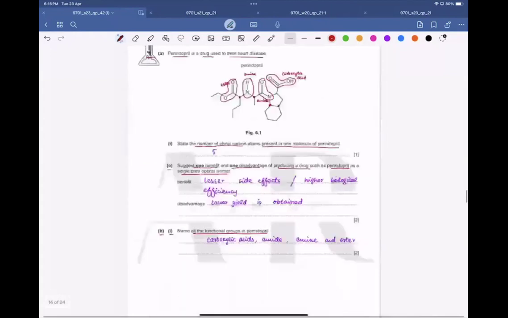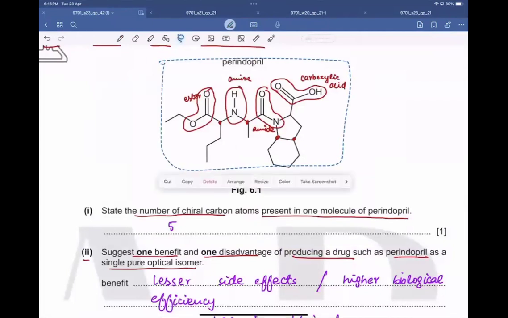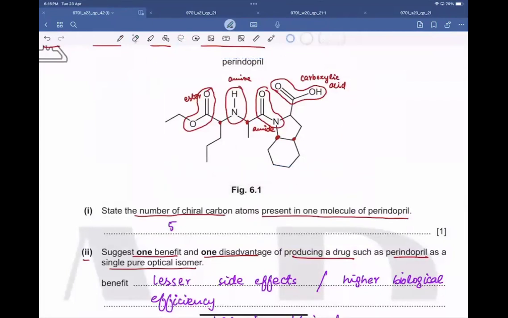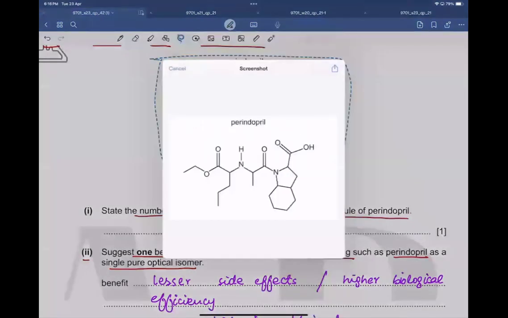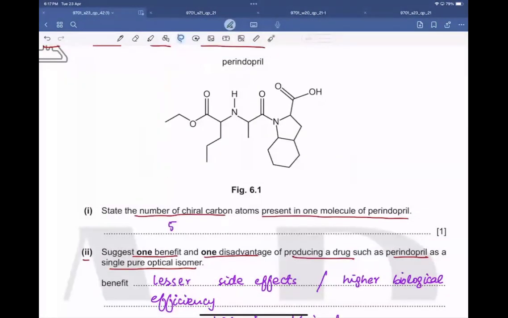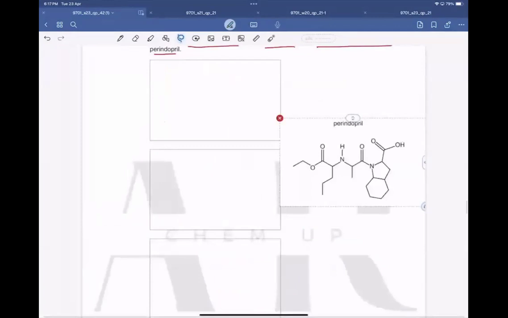So if we keep it over here, it's easy to make the hydrolysis products.